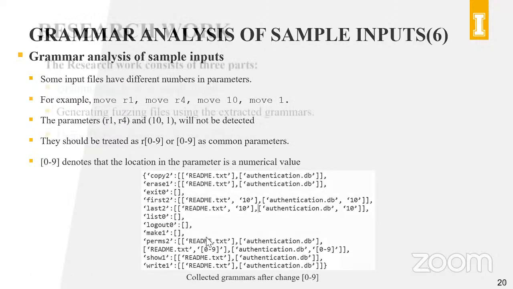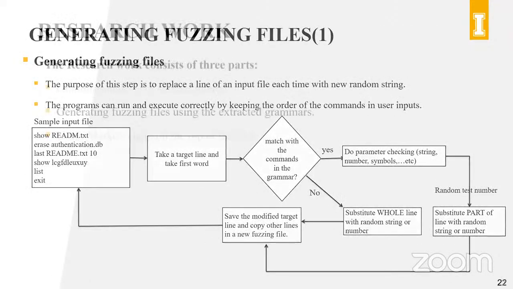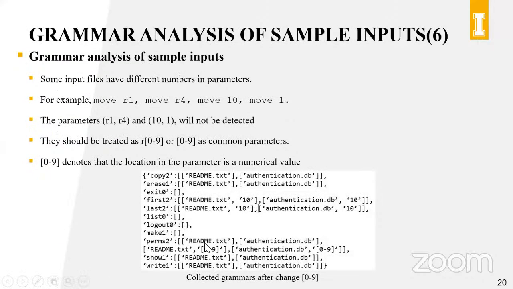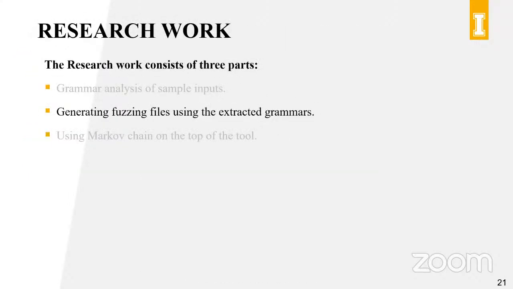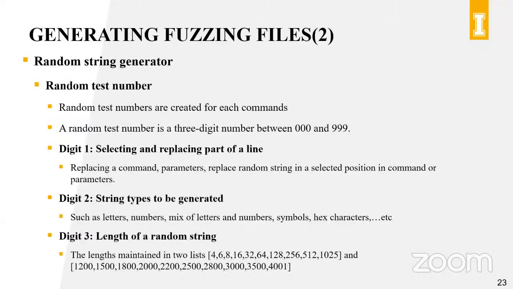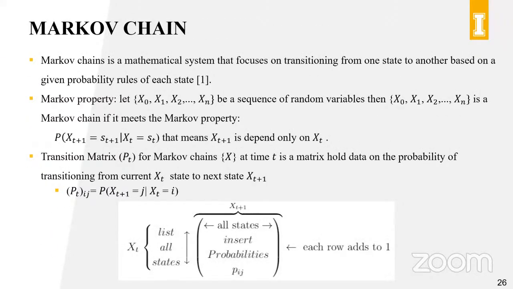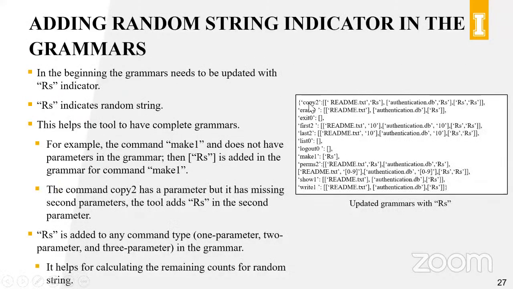We also have the permits, which have the same issue. The first parameter is here, but the second parameter is missing, so we have to add a random string, RS. So we'll be able to generate different types of fuzzing strings. Here we have updated the grammars with RS, or random string, for each missing parameter.